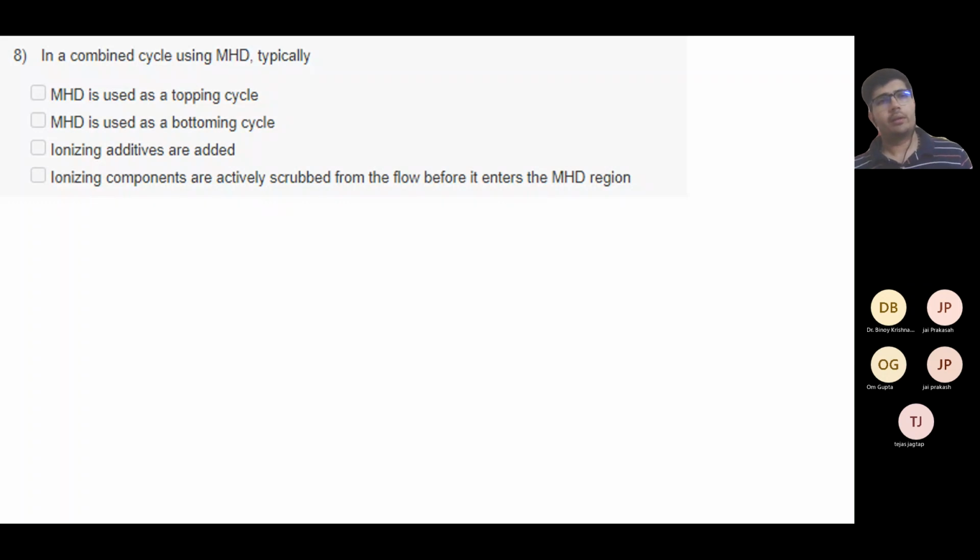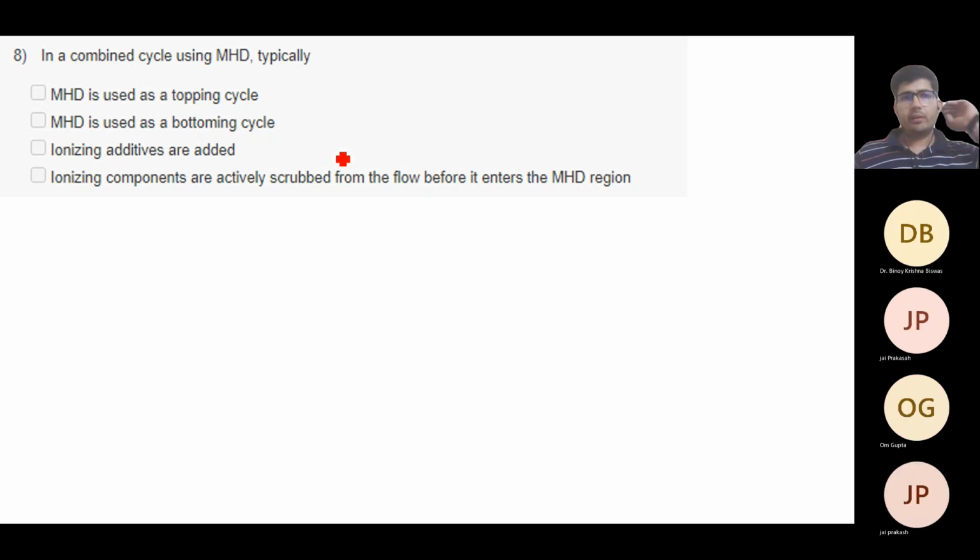Question number 8. In a combined cycle using MHD, typically: option A, MHD is used as a topping cycle; MHD is used as a bottoming cycle; ionizing additives are added; ionizing components are actively scrubbed from the flow before it enters the MHD region.